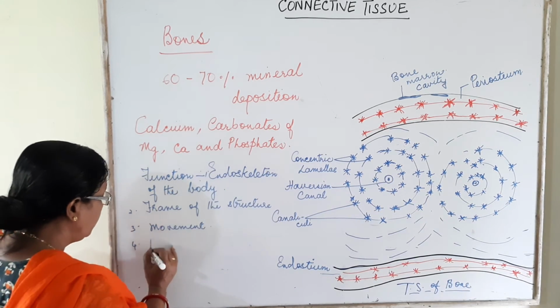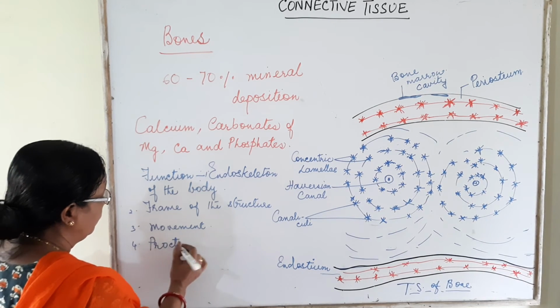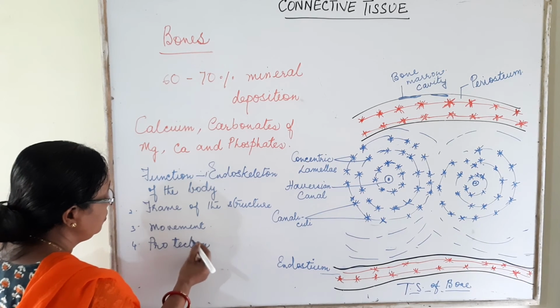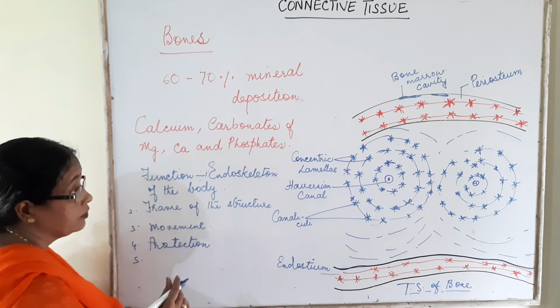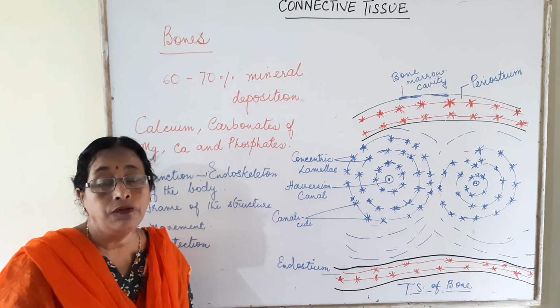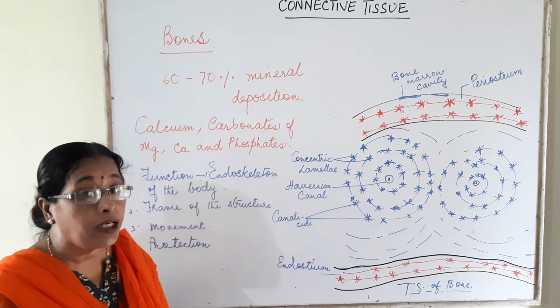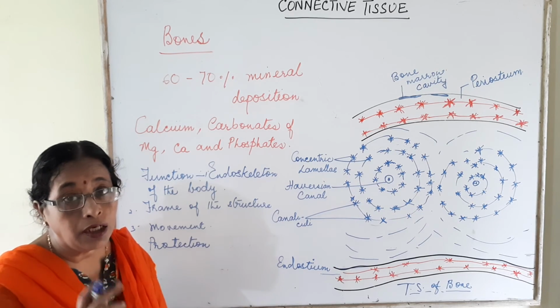Protection is one of the main functions of the bone. The bone marrow is the site of synthesis of erythrocytes, that is the red blood cells. Manufacture of red blood cells takes place in the bone marrow.